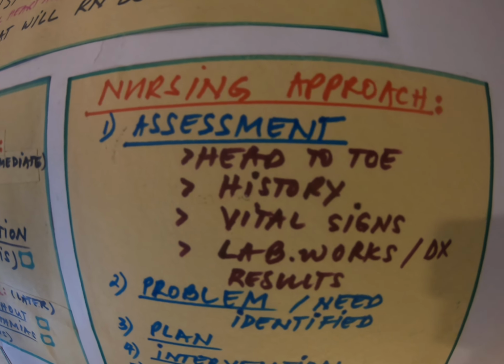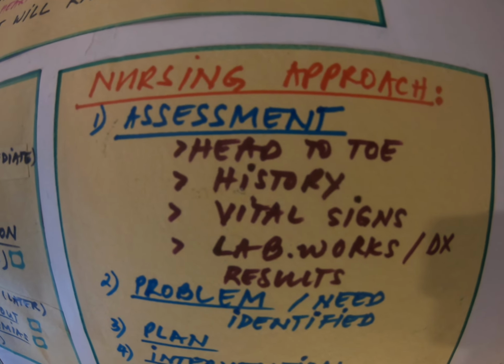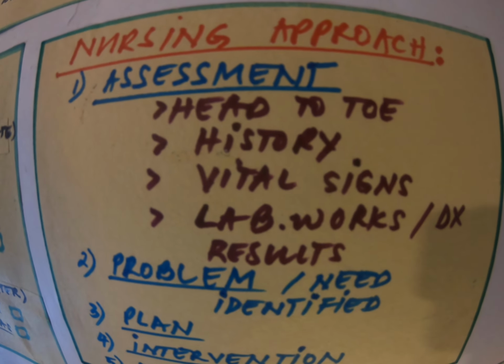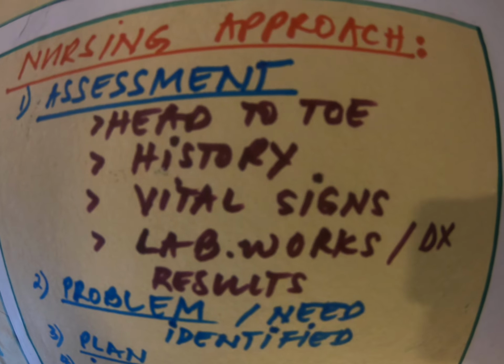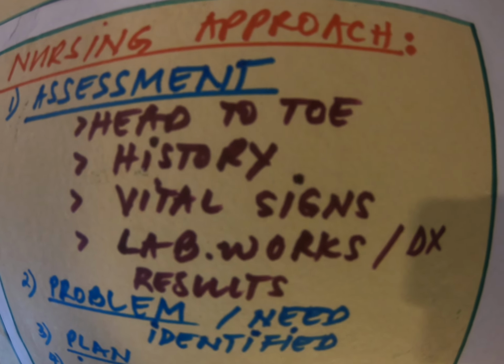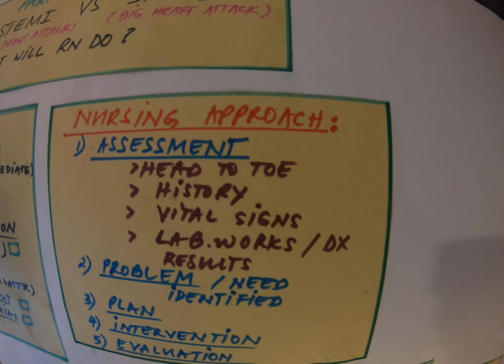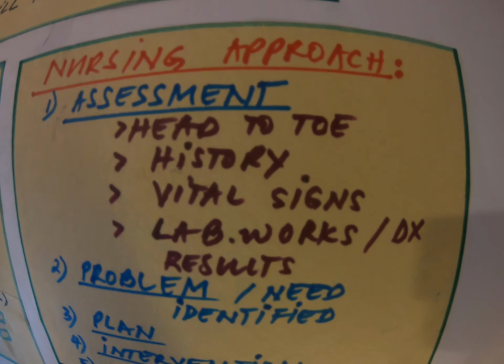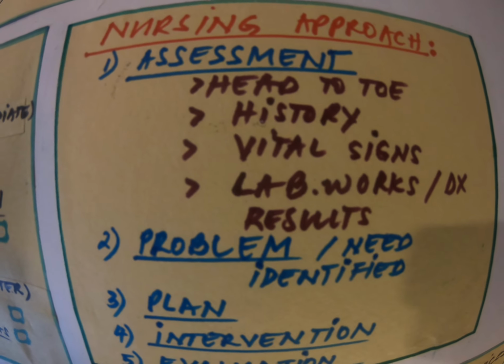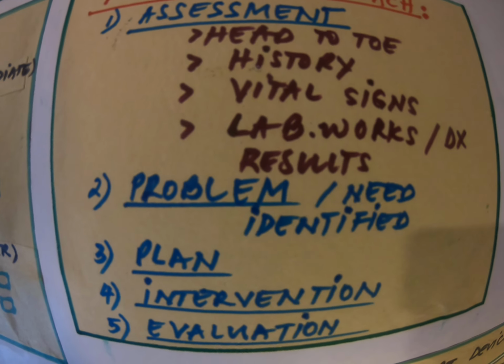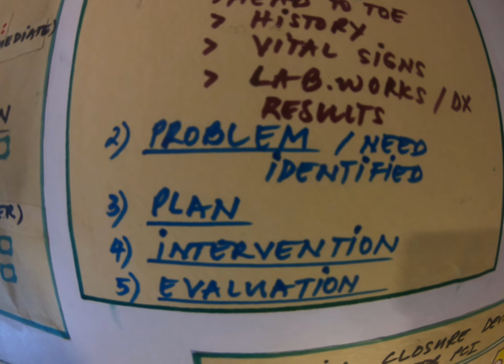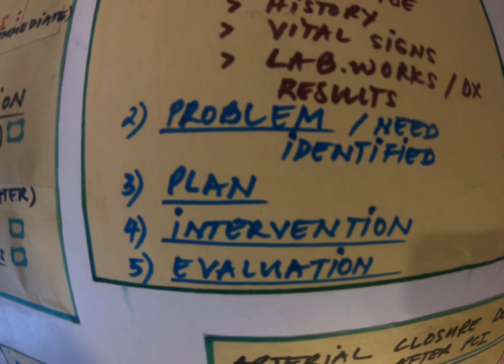History: what happens before going to the cath lab, during the cath lab, and en route to CCU. The vital signs, you include also the patient is already on continuous cardiac monitoring, pulse checks, their temperature, sensation, color, problems identified or need identified, what's your plan, what you're gonna do, intervention, and did it work?